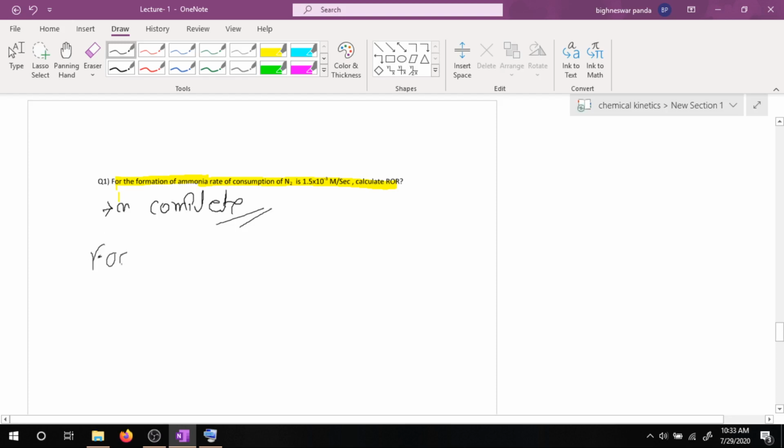Why? For calculating the rate of reaction, I need a balanced chemical reaction, but here the balanced chemical reaction is not given, so the question is incomplete.